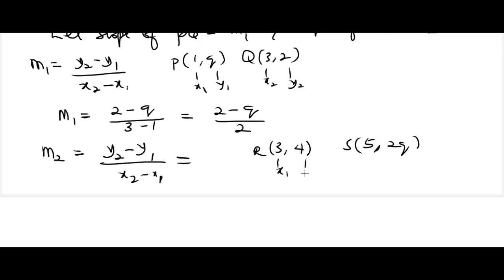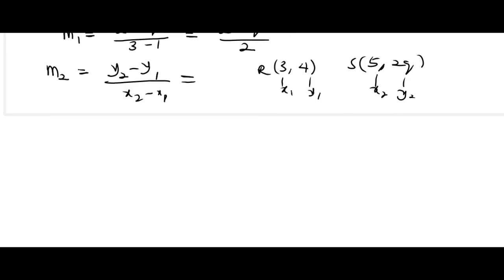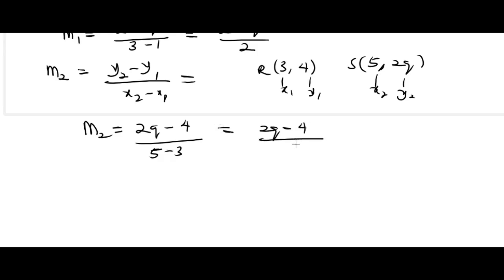So this is x1, y1, x2, y2. So by direct substitution, m2 equals (y2 - y1) over (x2 - x1). So this is (2q - 4) over 2.